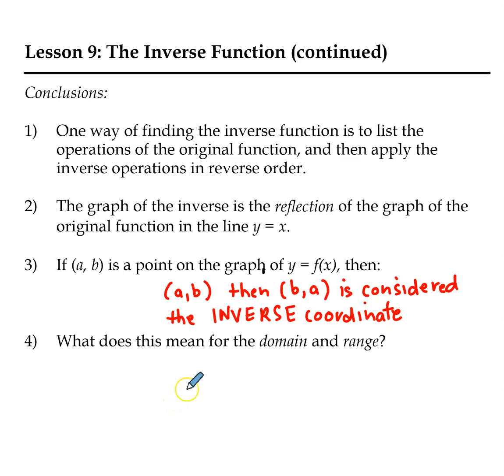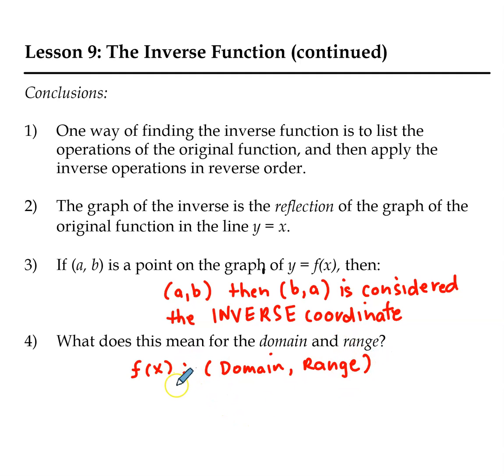So what are the implications for domain and range? So if f at x is the original function, we would describe the x as our domain and the y as our range.